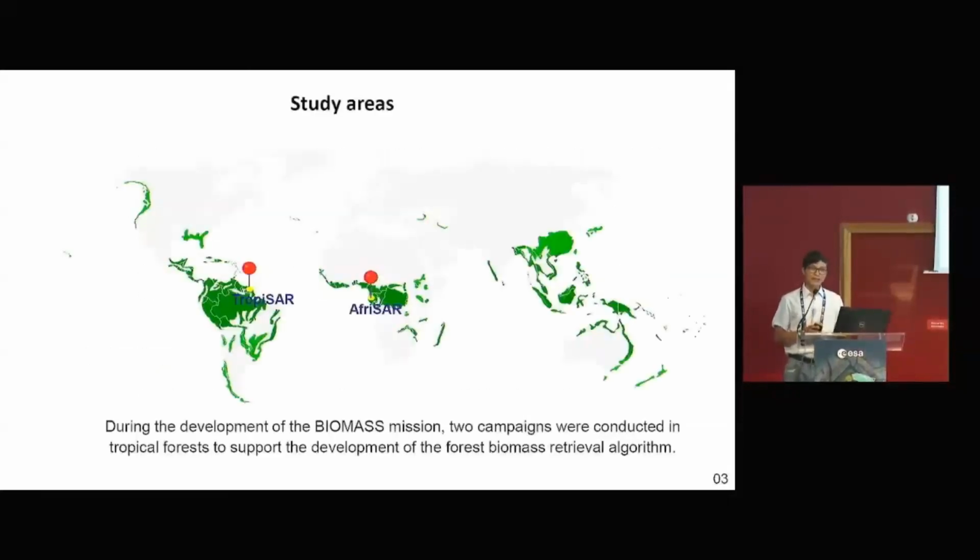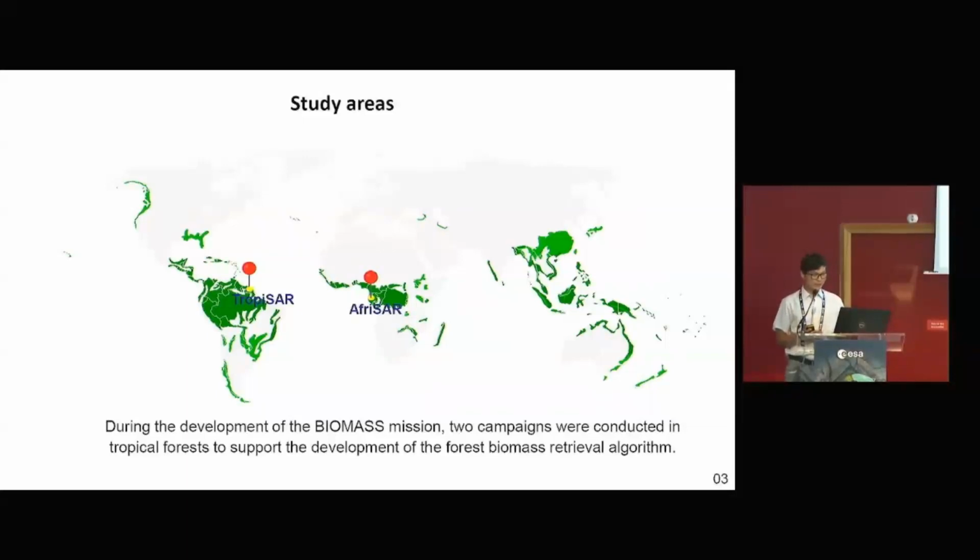For the study area, during the biomass mission phase for studying the performance of the retrieval algorithms, we have two main campaigns. Basically we have more than two campaigns, but these two, TomoSAR and PolInSAR, are dedicated to better understanding forest that is very thick and very dense in the tropical climate.